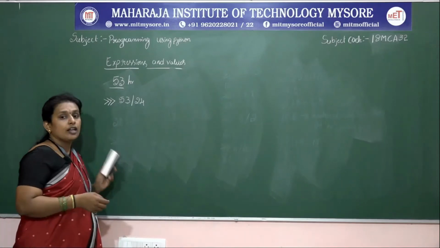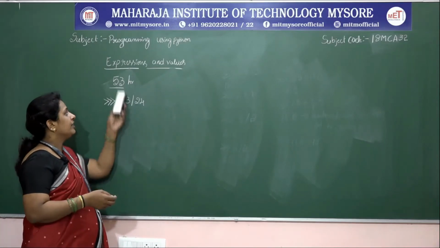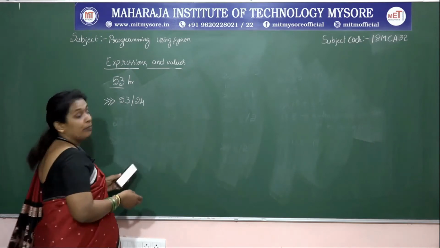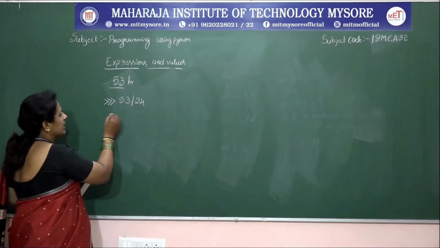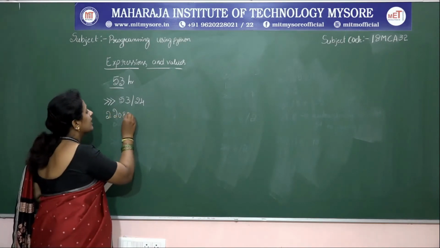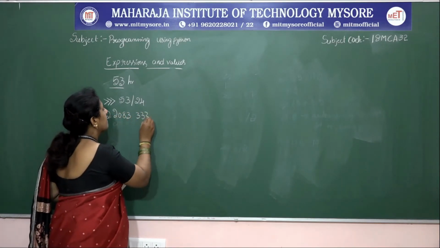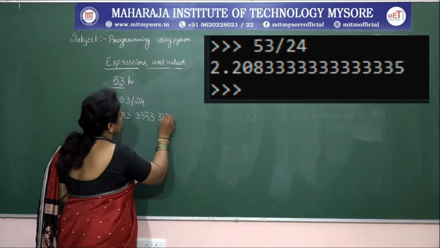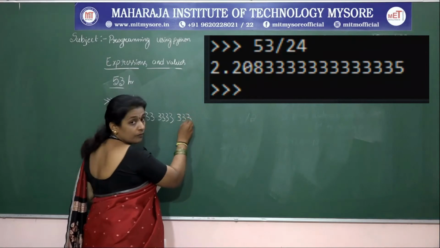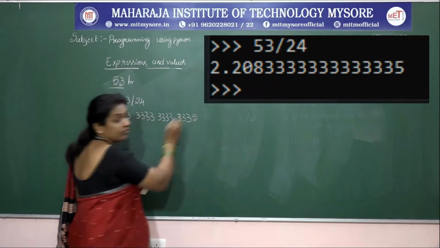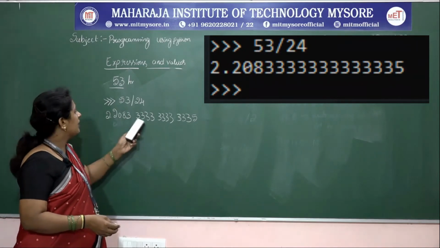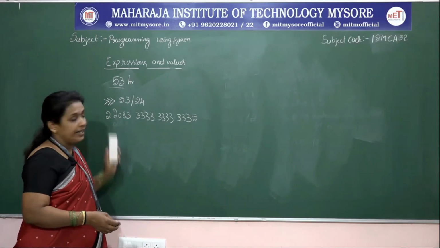To find out the number of days, I need to divide the given hours by 24. So approximately I will get the answer as 2.2083. Okay. See, this is what we will get at the end.